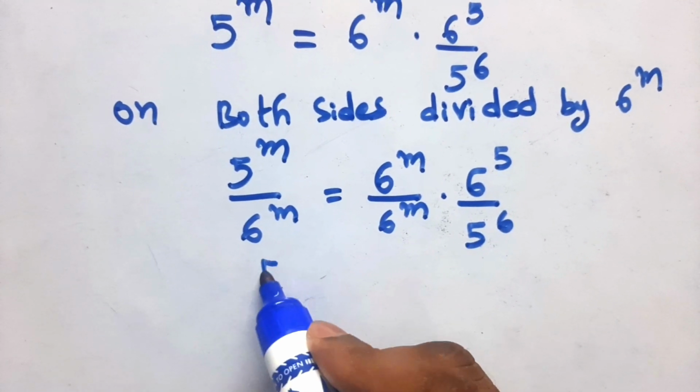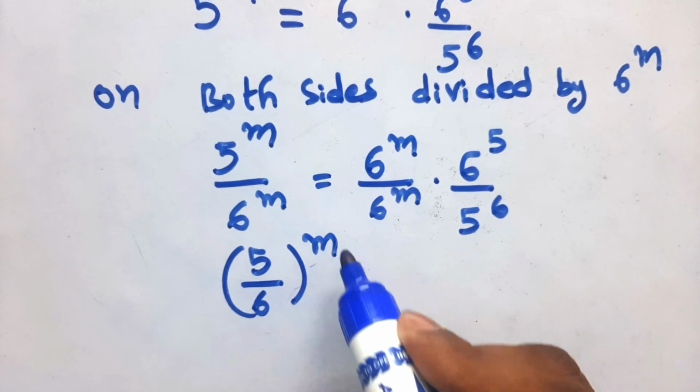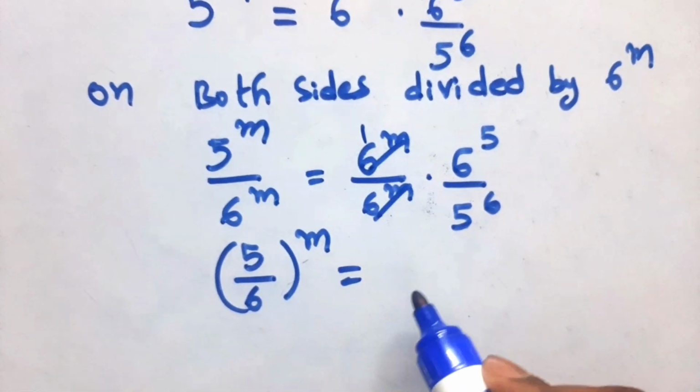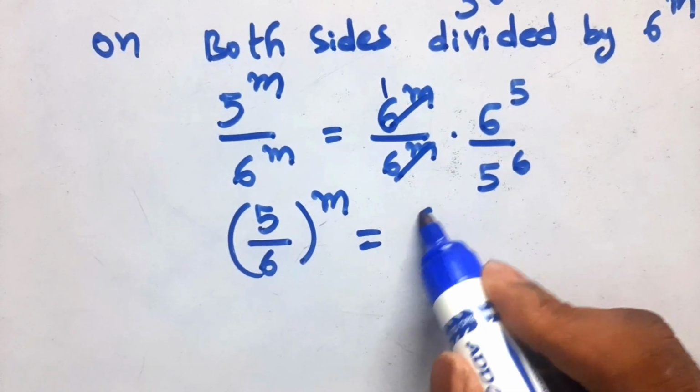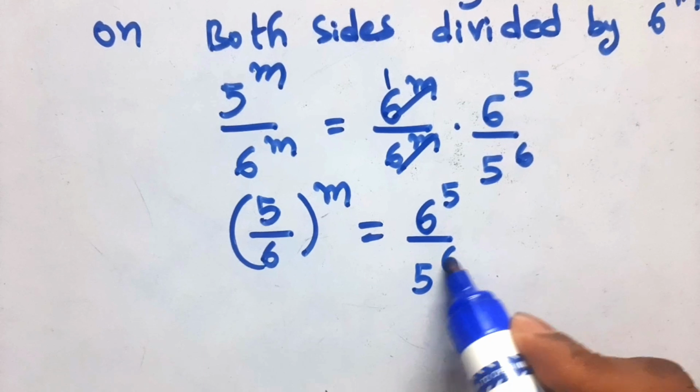This one we can write 5 by 6 whole to the power m is equal to, here 6 to the power m one time will be cancelled. What is the remaining value? 6 to the power 5 divided by 5 to the power 6.